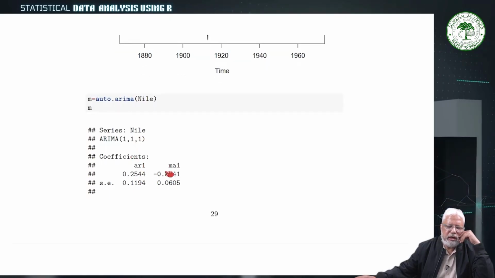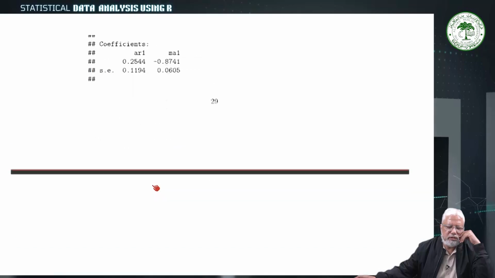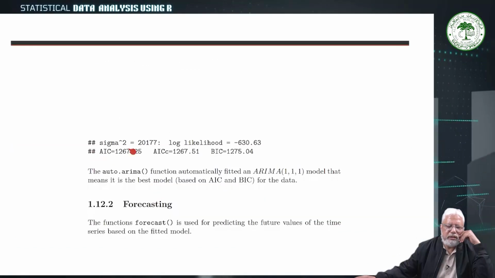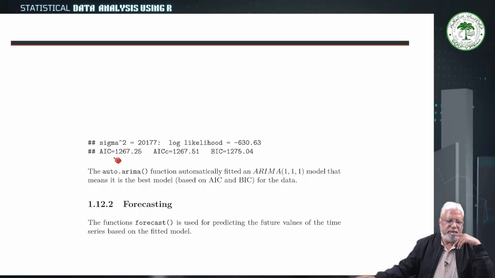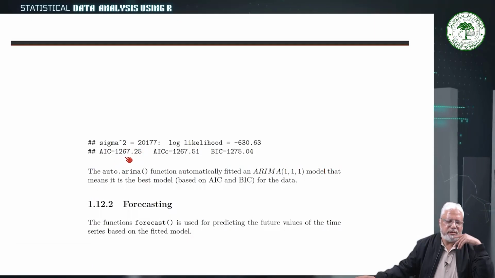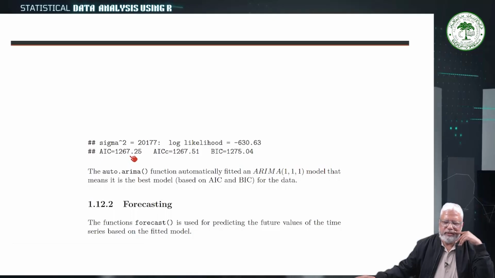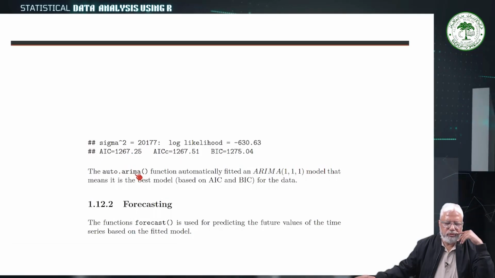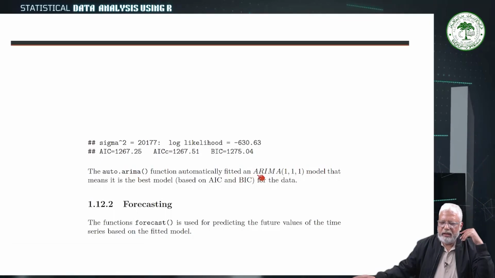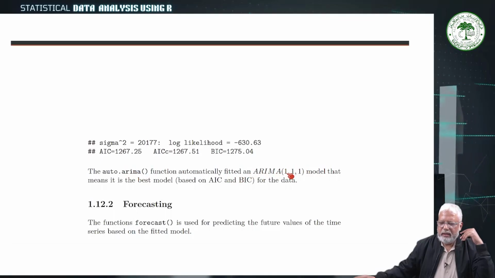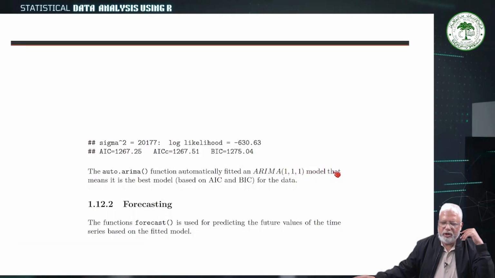And these are the AR1 and MA1 estimates, standard errors, the sigma square, and the AIC, 1267.25. The auto.arima function automatically fitted an ARIMA(1,1,1) model.